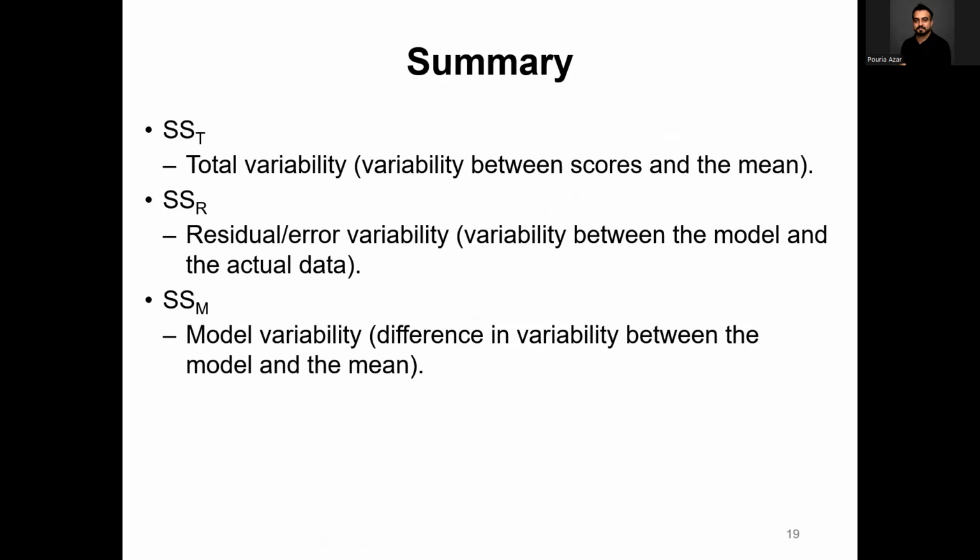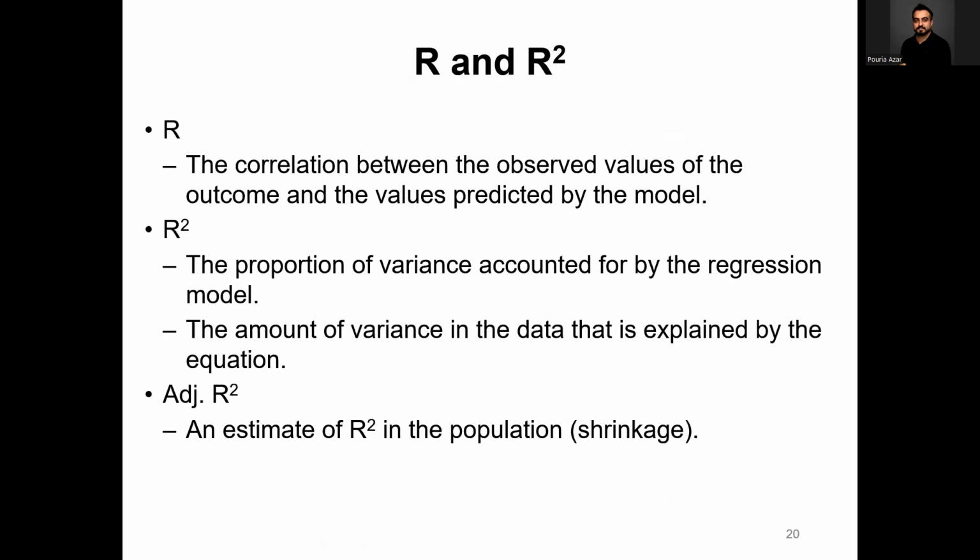We don't need to calculate this by hand. SPSS or other statistical software will do that for us, but this is the background of what is going on behind the scenes when we are using SPSS.